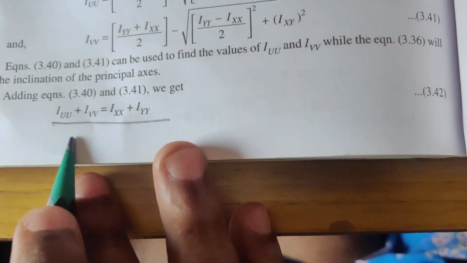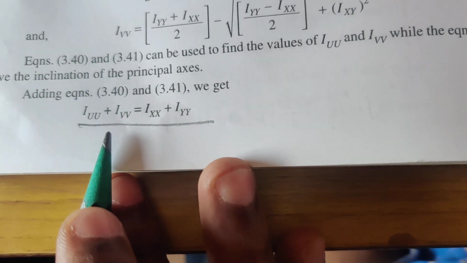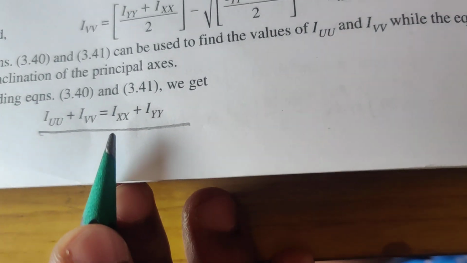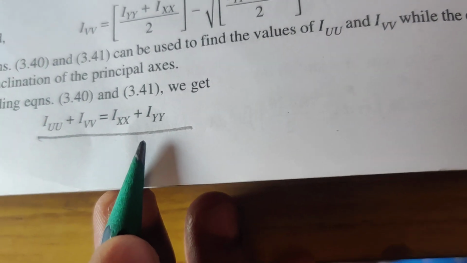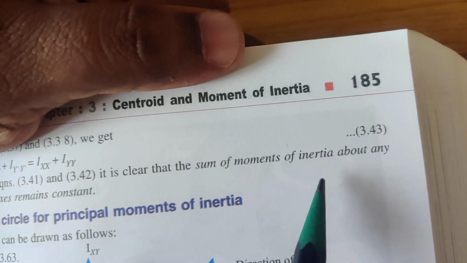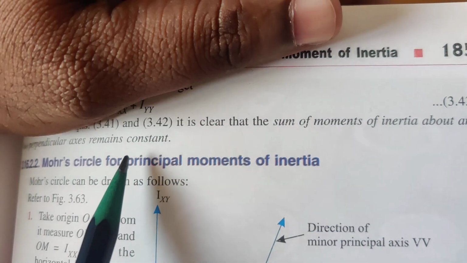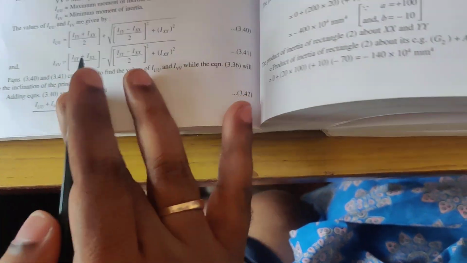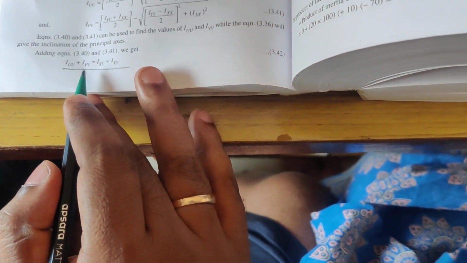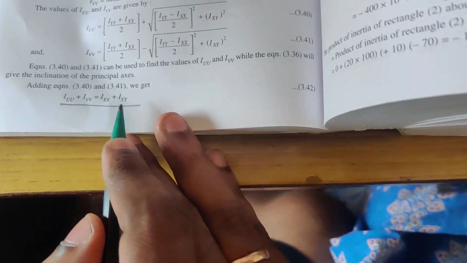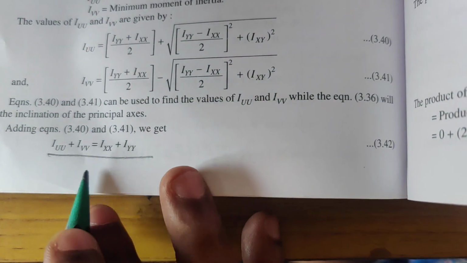One more equation: IUU plus IVV is equal to IXX plus IYY. It shows that the sum of moments of inertia about any two perpendicular axes remains constant. So IUU plus IVV is equal to IXX plus IYY, and both are constant values.